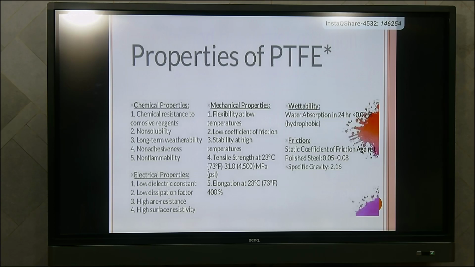Some notable chemical properties are: they are resistant to corrosive agents, they are non-inflammatory, non-adhesive. Some electrical properties are that they have high surface resistivity, low dielectric constant. And it is obvious that their mechanical properties are flexible, and that is why they can be coated in the case of the automobile industries.